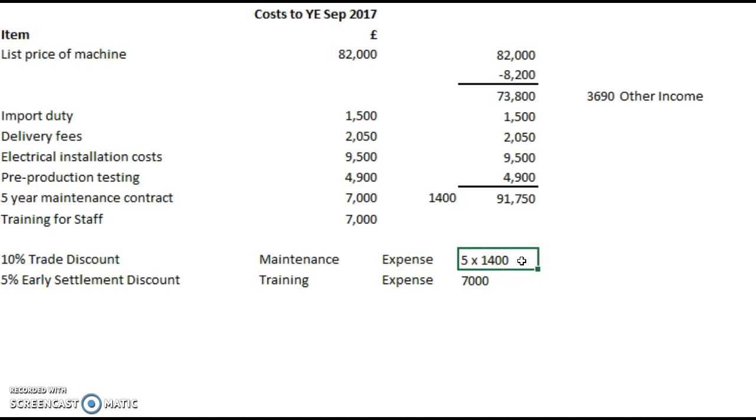And we'll put 4 of those into a prepayment account for the subsequent 4 years. And training is just an expense incurred in the year of installation. So that's it. If your question was asking for what's the capex amount, it's this 91,750.